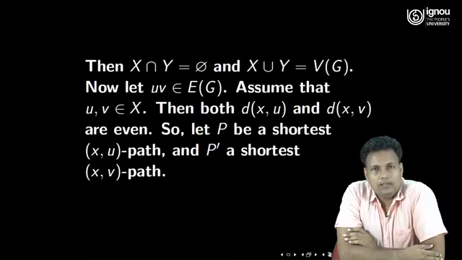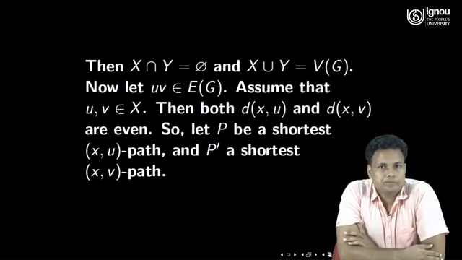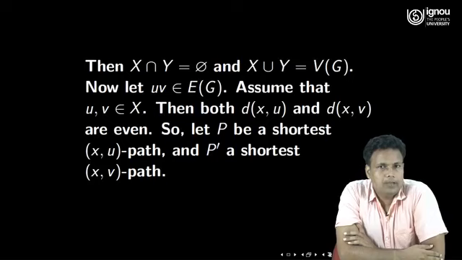Both lying in X means the distances d(X,U) and d(X,V) are both even, right? So, let P be a shortest XU path and P dash a shortest XV path.